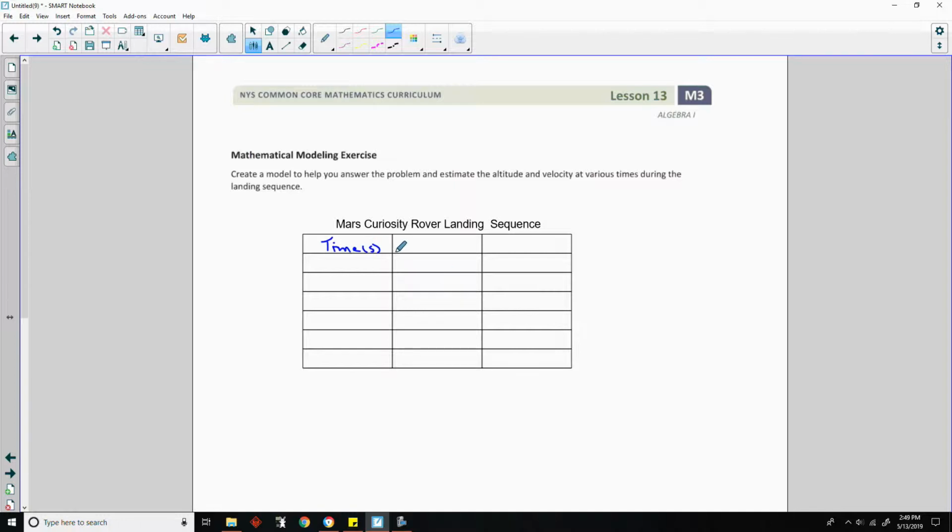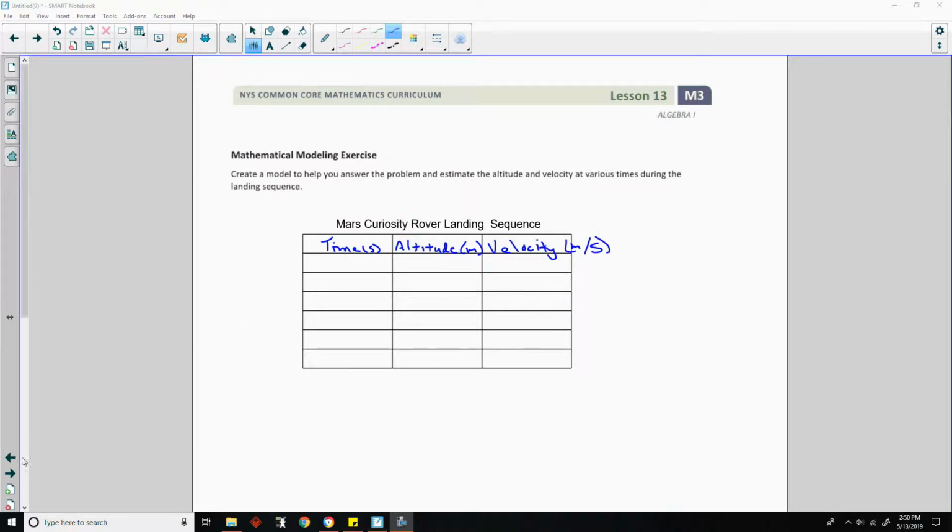And then we're going to altitude, and this is time in seconds. And the altitude we're going to use miles. And velocity is miles per second.